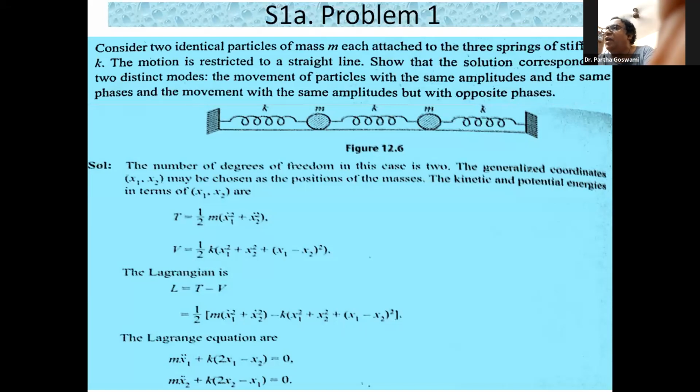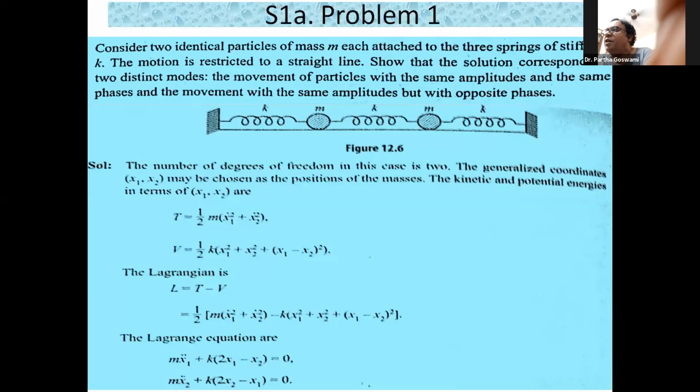We can write the kinetic energy as half m times x1 dot square plus x2 dot square, and the potential energy as half k times x1 square plus x2 square, and for the third spring x1 minus x2 whole square. The Lagrangian L equals kinetic energy minus potential energy, so it becomes what is written out there.